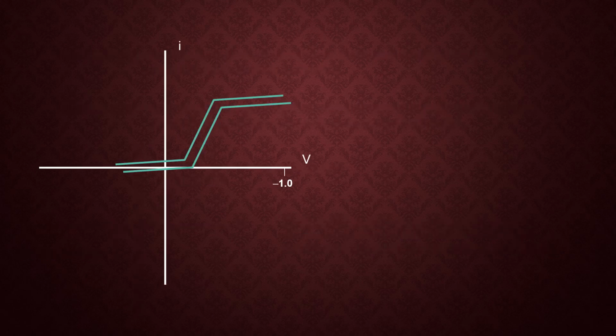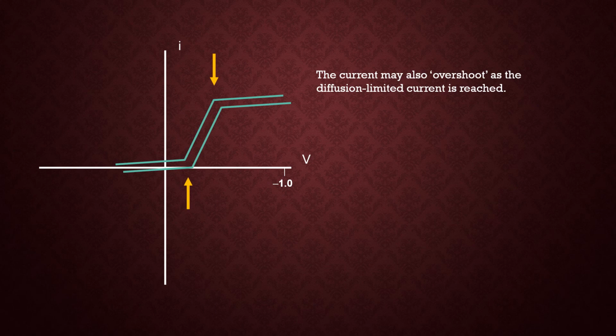Capacitance also alters the current voltage profile by introducing delays or overshoots in the forward and reverse sweep. At these points where you're making the sweep and reaching the maximum value, the arrow at the top corresponds to the forward sweep, which is the top trace in green, and the bottom arrow is the reverse sweep, with the diffusion limiting current actually being at the bottom of the sweep where the orange arrow is.